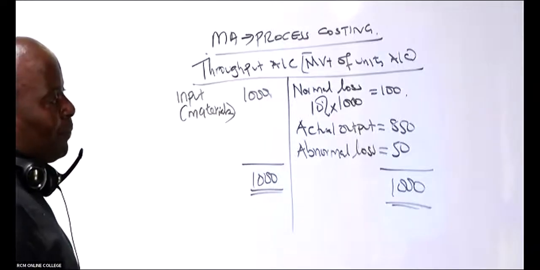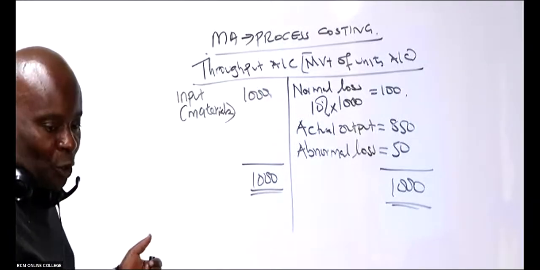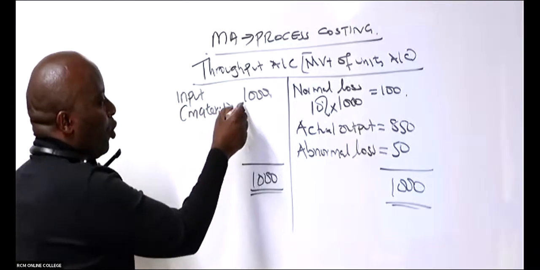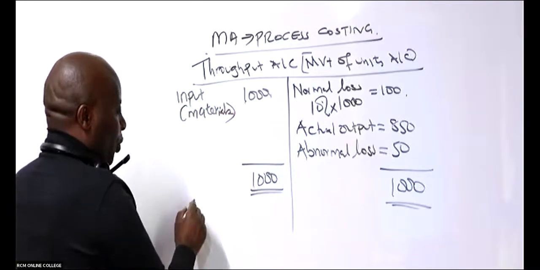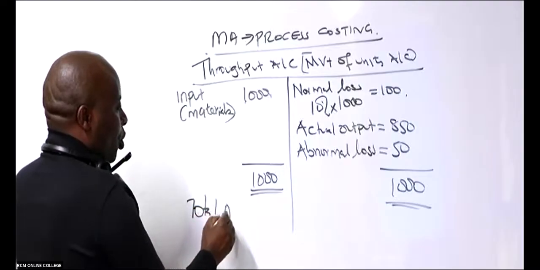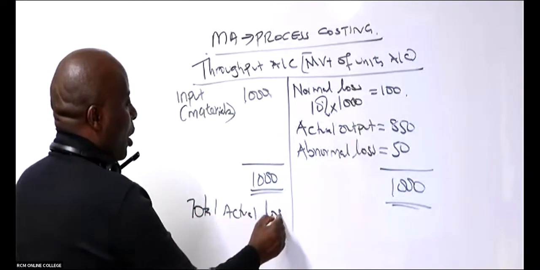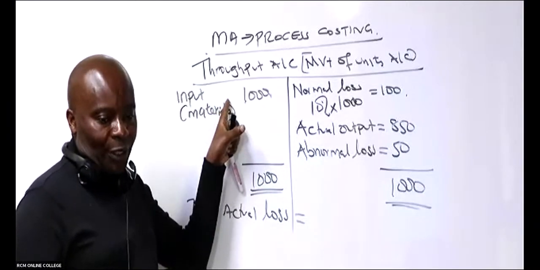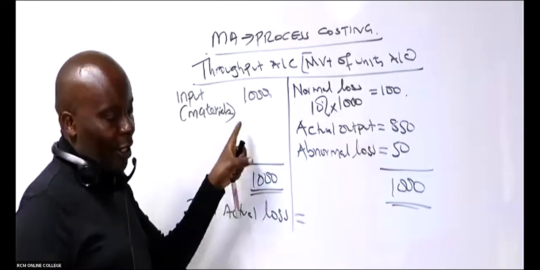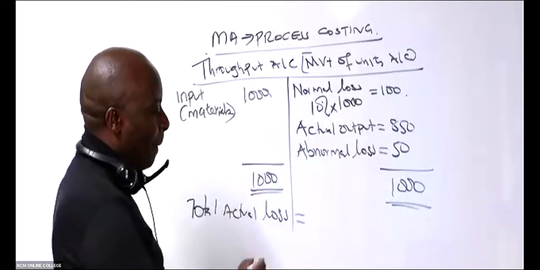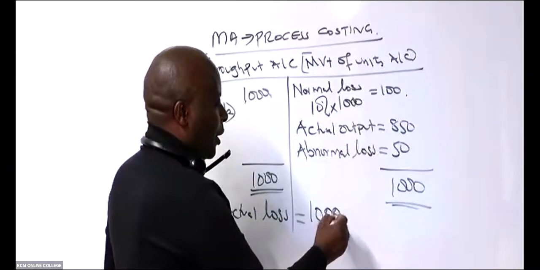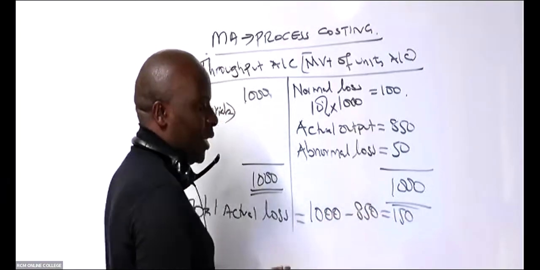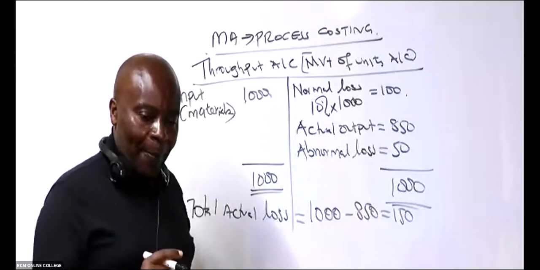Now, remember yesterday, I tried explaining that generally, when you look at the total actual loss, into the process we did put in 1,000, but we actually got 850. So 1,000 minus 850 gives me 150 as the total loss.